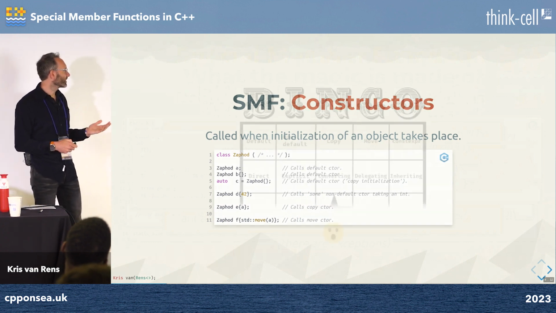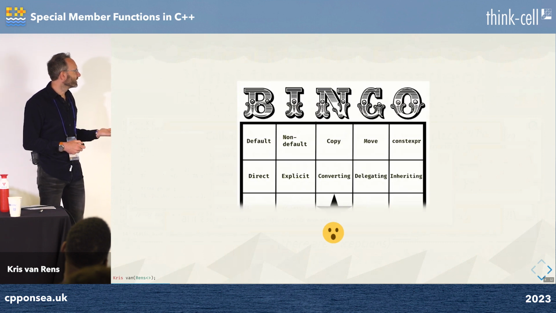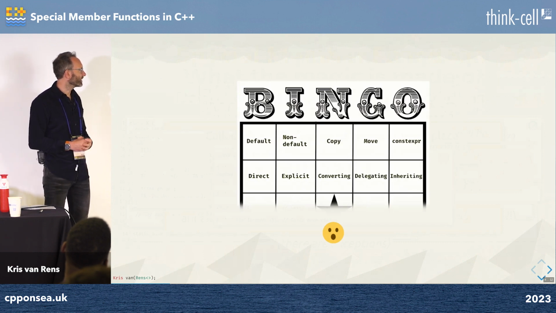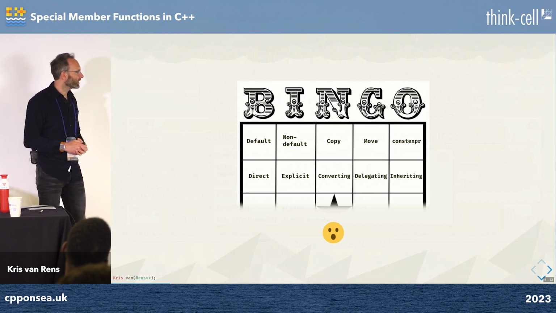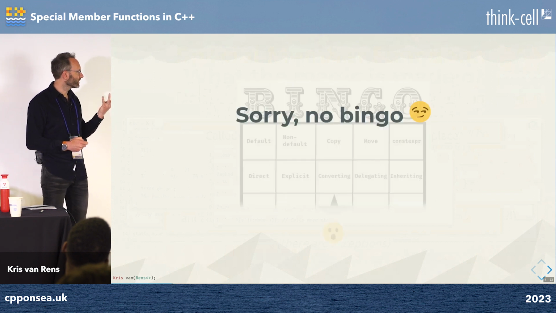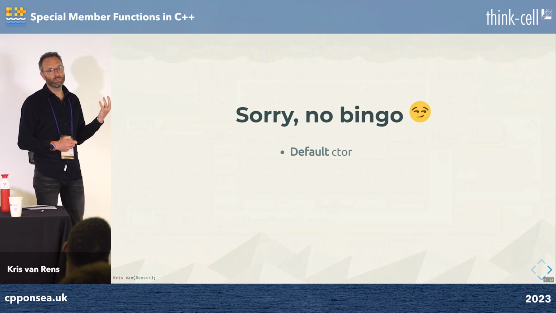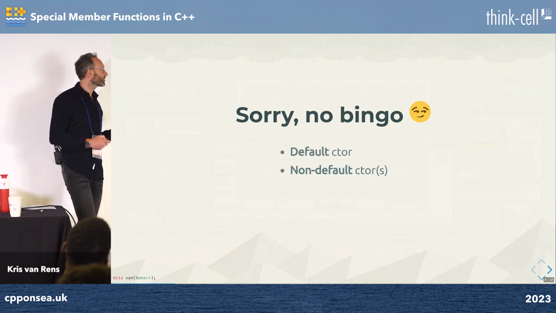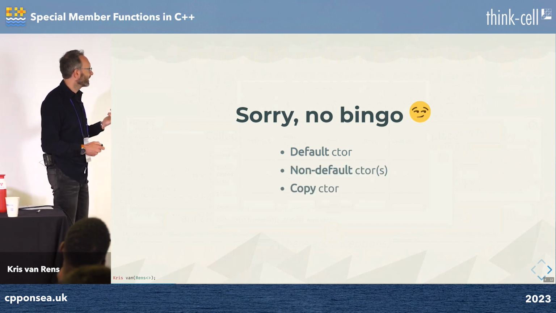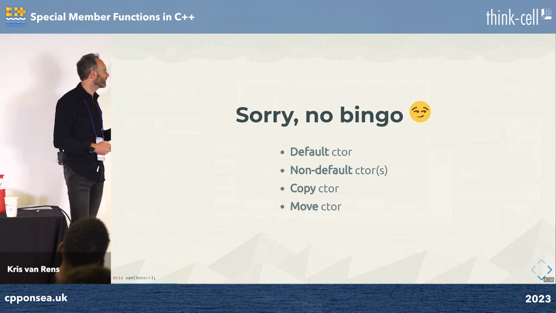You could almost play bingo with all the types that there are. But actually, it's not as complicated as it seems. There are only 4 types of constructors. That is the default constructor, any non-default constructor, the copy constructor and the move constructor.